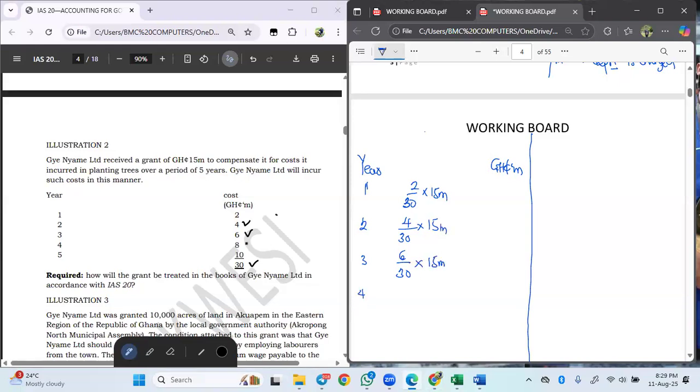Year 4, it will be 8 million over the total cost of the project, times the grant received. Year 5 and the final year will be 10 million out of the total cost times the 15 million. So please give me the grants that will be sent to each year.